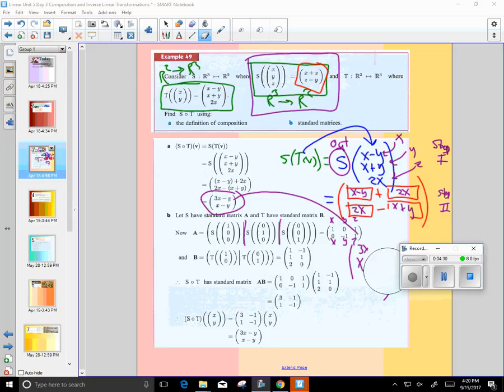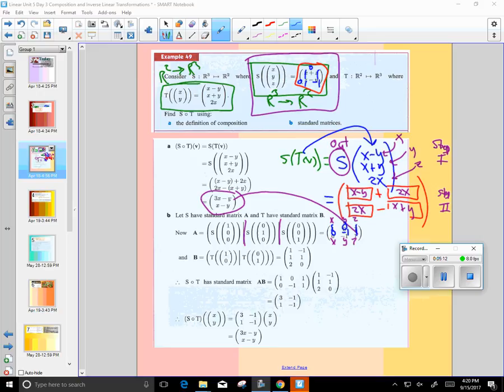Now watch what happens. Going back here, there's 1X, there's no Y's, and there's 1Z. In the next part of S, there's no X's, there's negative 1 Y's, and there's 1Z. So we've converted this transformation of S into a standard matrix.